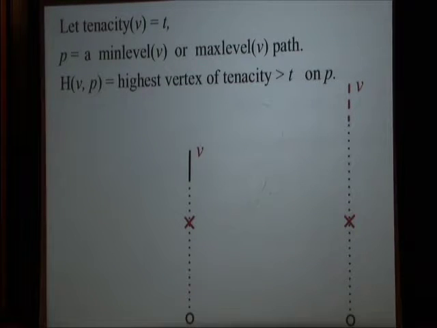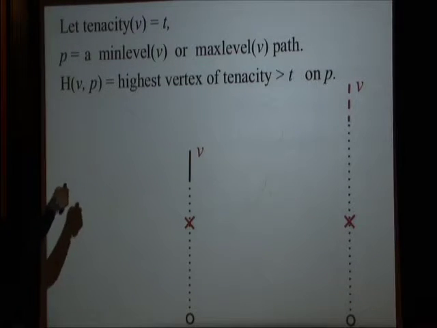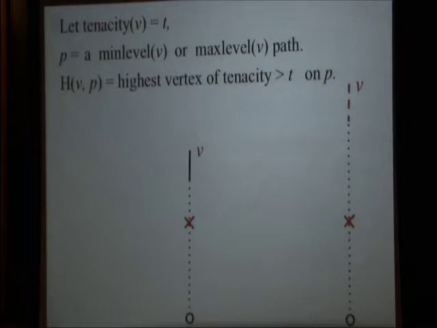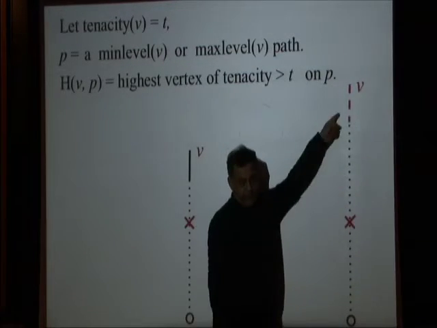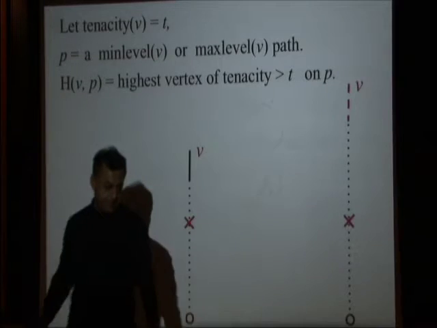Okay, so let's see. Let V be a vertex of tenacity T, and let P be a min level path to V or a max level path to V. I don't care which one, any one of them, right?